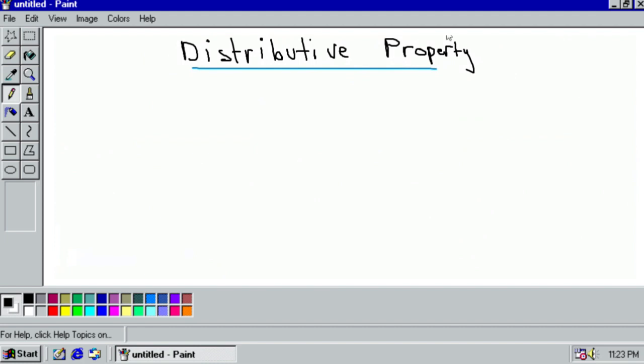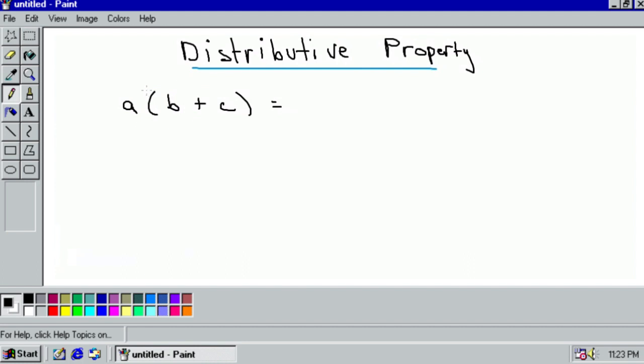The next property we have is the distributive property. This property states that if we have a times (b plus c), we need to distribute a to b and a to c.